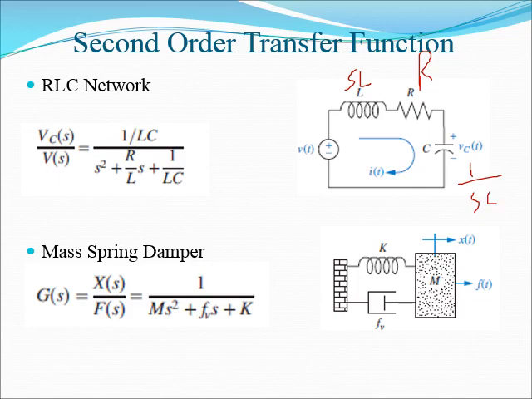Then we apply the simple Kirchhoff voltage law and we end up with this model. The thing to note is that we have a 1 here. It is important because we use this information later on also. We have to have 1. That means S square should have a coefficient of 1.